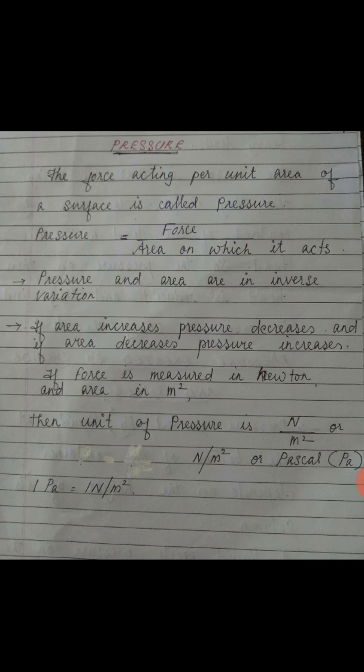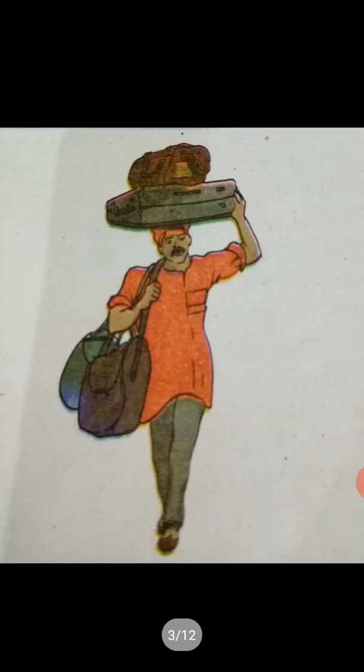Another example I can give you. See the picture here. A porter is carrying a heavy load on his head. Have you ever noticed, before keeping the heavy load on his head, porters keep a round piece of cloth on their heads. For what is it?